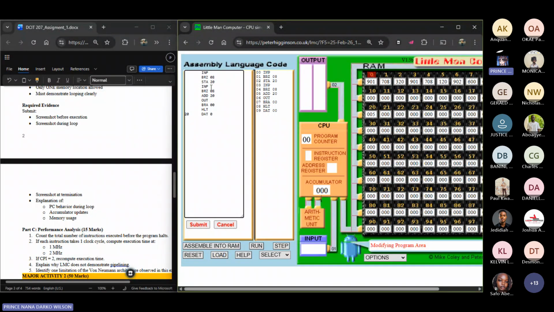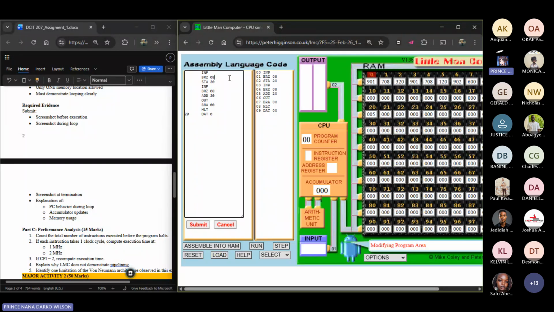But if we branch to line 8, it means the program will be jumping straight to the halt instruction if the input happens to be a 0. So this means the sum for that input will not be displayed in output, because the program will skip the steps during that particular cycle. So it is not ideal that we branch to 8.